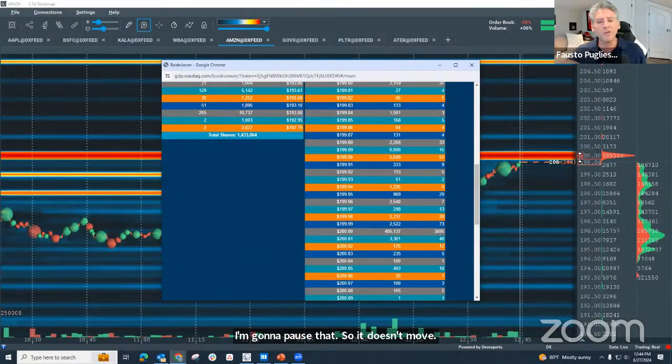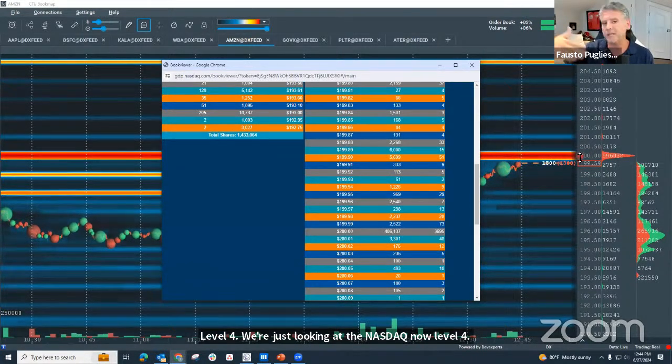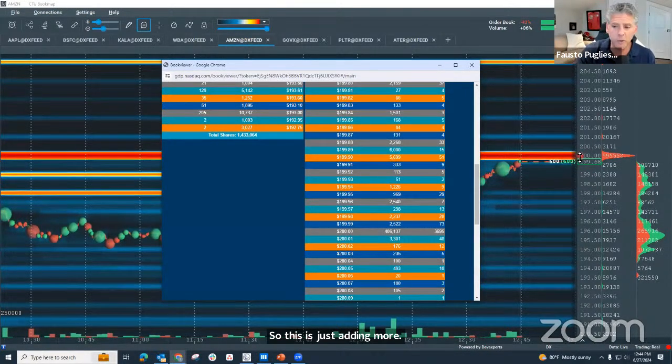Well, guess what? Level 4, we're just looking at the NASDAQ. Now, level 4, we're also incorporating other exchanges. Could be the New York Stock Exchange, could be EDGX, it could be other algorithms, other exchanges. So this is just adding more volume from different exchanges. It could be a CBOE, that could be a big order out there, but you could see the majority of it is on the NASDAQ. Okay, 400,000.